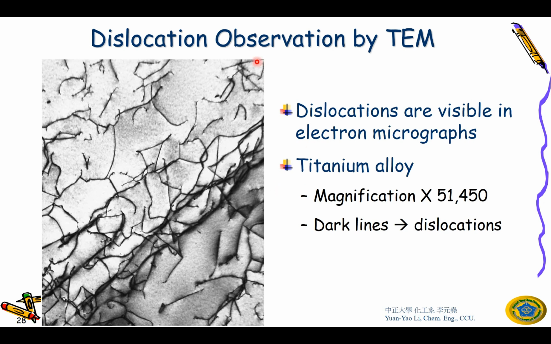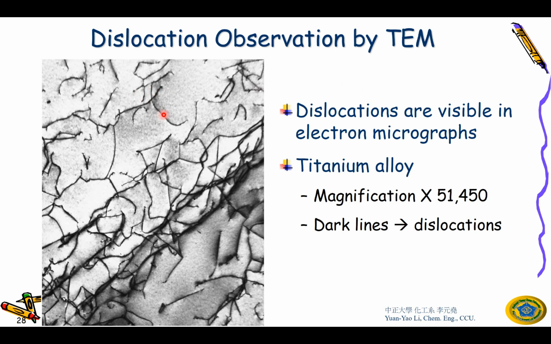So this is one example of dislocations observed by TEM. You probably don't know what TEM is. TEM is the transmission electron microscope. If you have a very thin sample, you can have an electron beam pass through this sample, and we can get a projection image. This is what we call a transmission electron microscope.